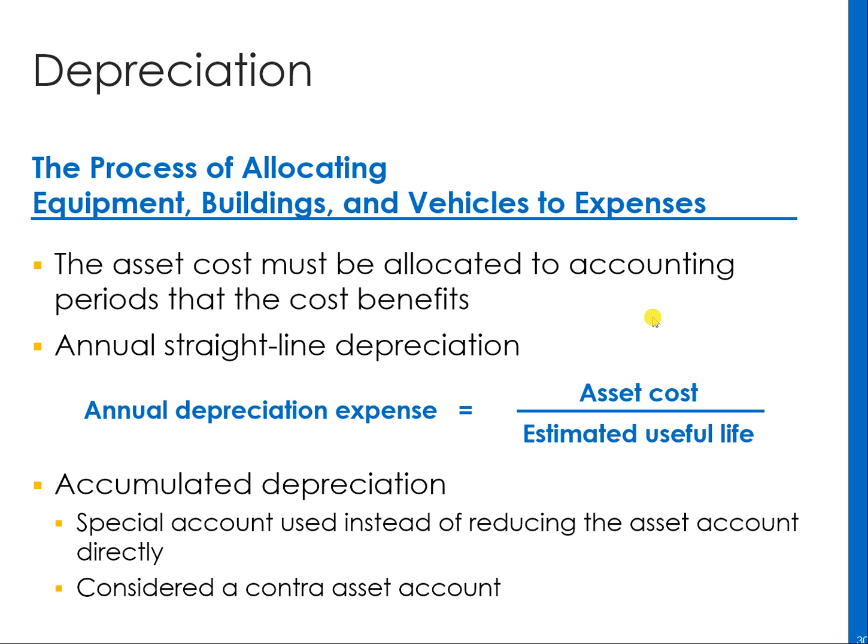The calculation for depreciation under the straight line depreciation method is very simple. That is asset cost divided by the estimated useful life, so the number of years we want to depreciate.